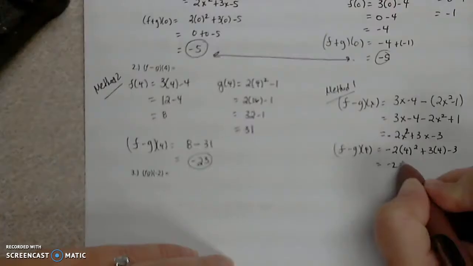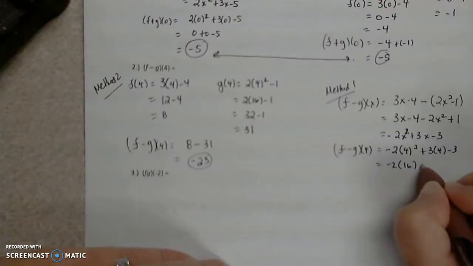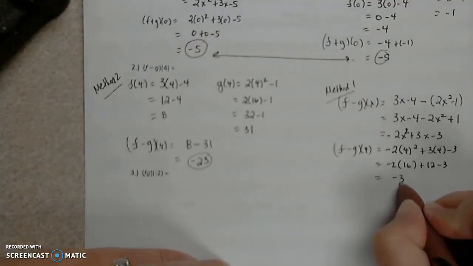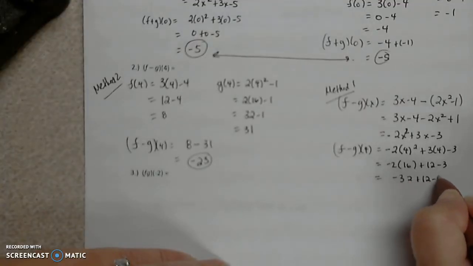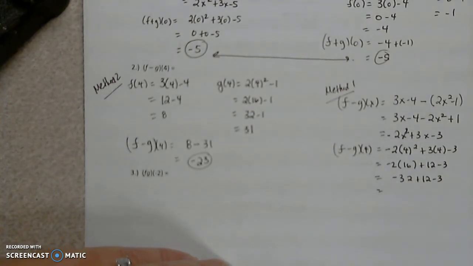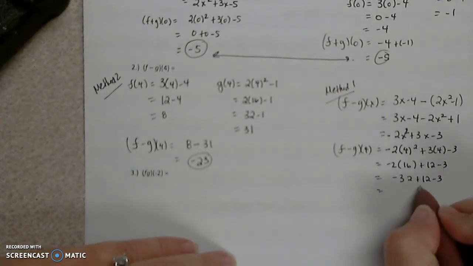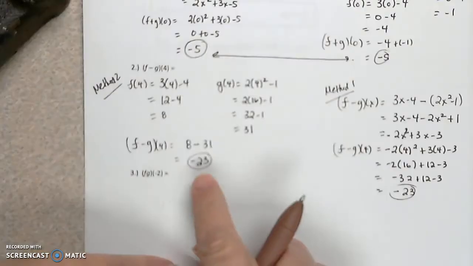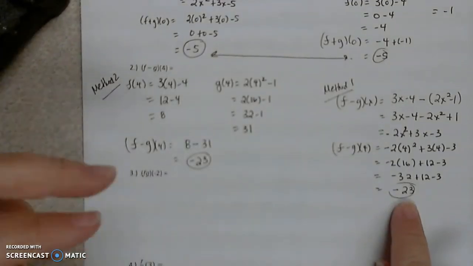That'll give me negative 2 times 16 plus 12 minus 3. Negative 32 plus 12 minus 3. Negative 32 and negative 3 make negative 35, and then plus 12 will give me negative 23. So either method I use, I should get the same value.